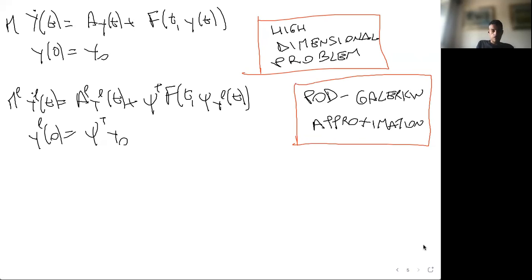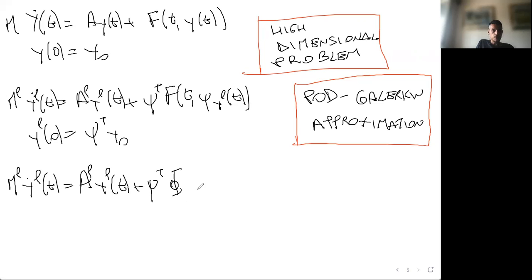Then we can make a further reduction, and what we are going to get is M_l y_l'(t) = A_l y_l(t) + Ψᵀ, and then we use the approximation of f.